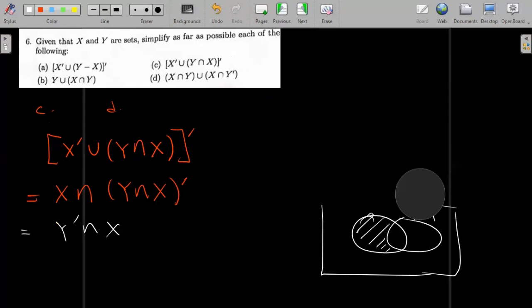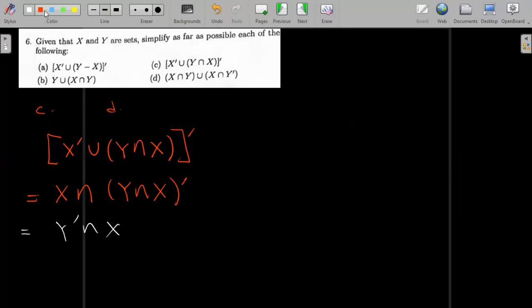So I didn't try this one, but let us try using De Morgan's law here.